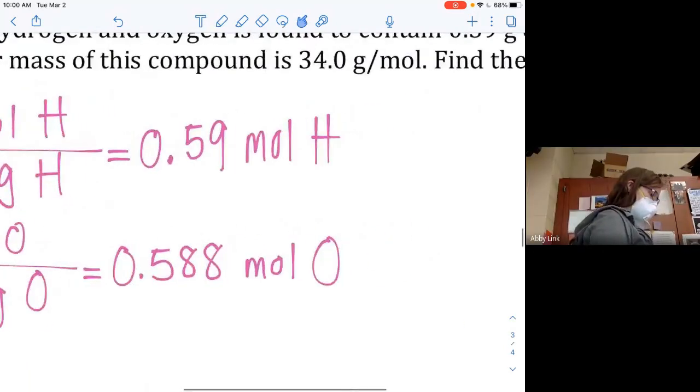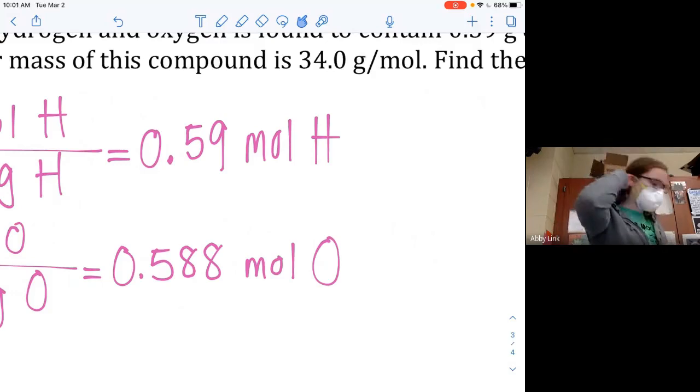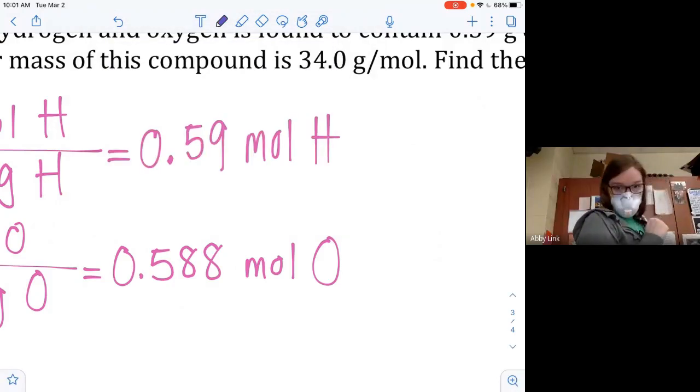All right, guys, so step number 2 now in our empirical formula is to divide by the smallest mole amount. Which one of these is technically smaller? Tough call. They're close. 0.588? Yes, that is the smallest one.